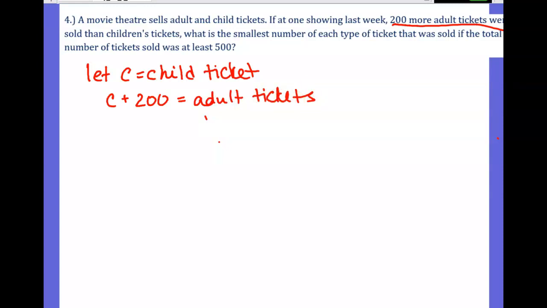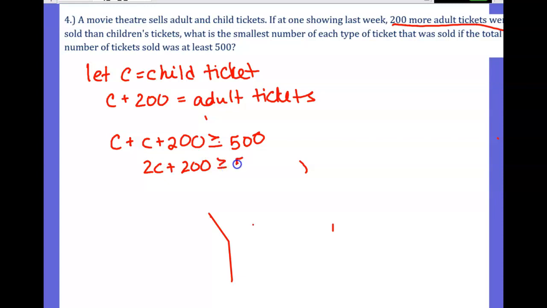Okay, but if we added them together, if we take children's tickets and adults, and we want them to be at least 500, it means it has to be greater than or equal to 500. We combine our like terms. We subtract the 200, and we get 2C is greater than or equal to 300.